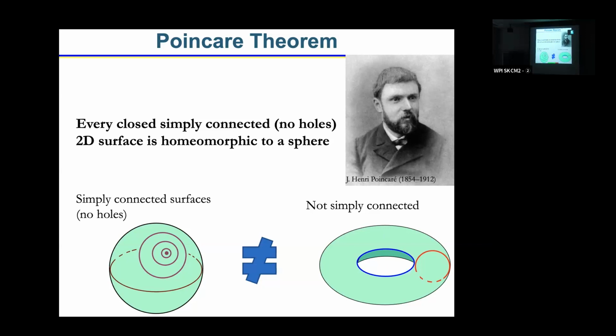So if you would draw some circles on a spherical surface like the one in here, they can all be contracted to points. And in a way, this type of surface is simply connected. This is not the case when you take a torus and you draw a bunch of different circles like the ones you can see in here. This cannot be contracted to a single point.